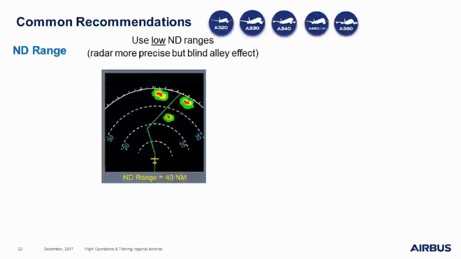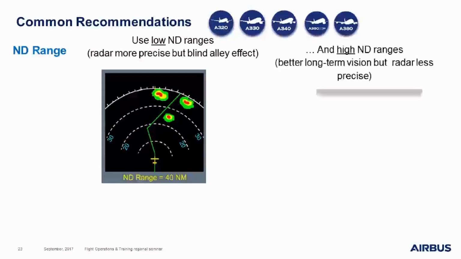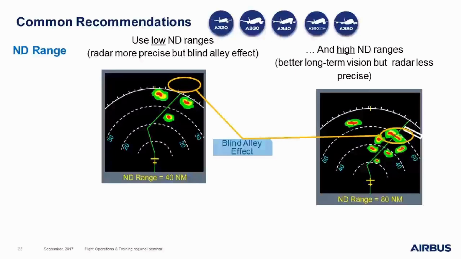Regarding the ND range, it's interesting to use a low ND range because the radar is more precise. But with such a low range, you can have what we call the blind alley effect, which is the fact that you miss weather that is a little bit further away than the selected range.